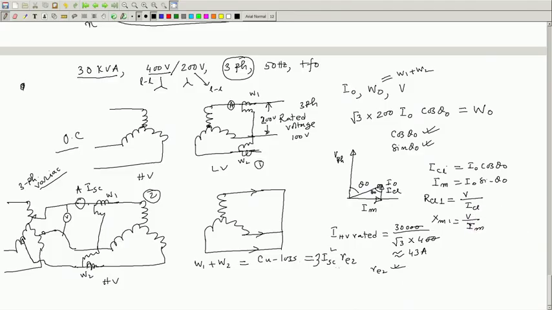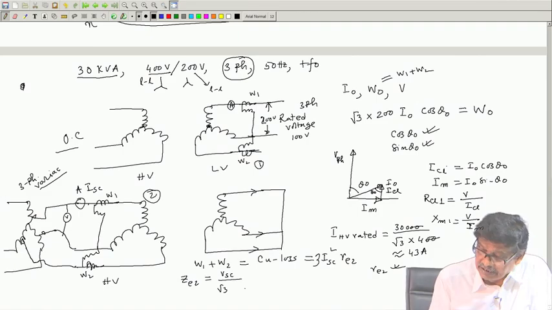Similarly, once you get RE2, you have to calculate ZE2, this impedance. So, what is the impedance per phase? It will be the applied voltage VSC, line to line, that you have measured, divided by root 3, divided by ISC.